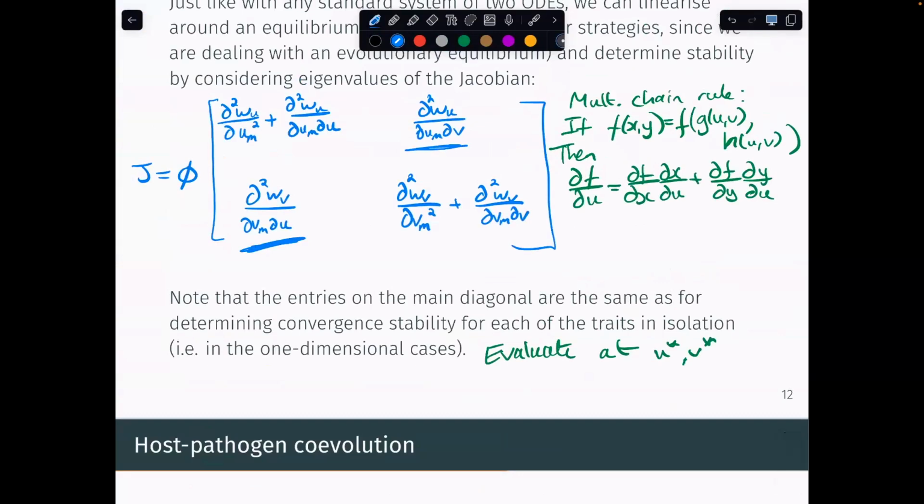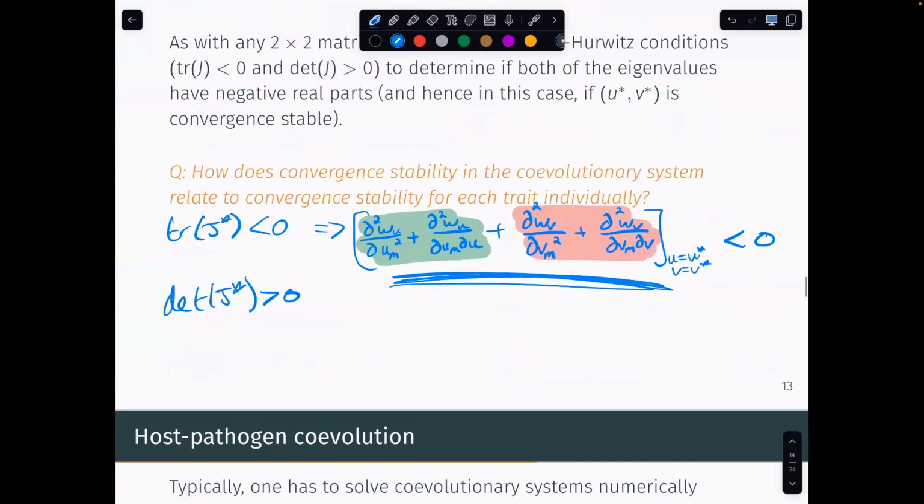So this tells us that convergent stability in one dimension is neither necessary nor sufficient to give us convergent stability in two dimensions. The only thing we can conclude is that at least one of these has to be convergent stable when it's viewed by itself. So even if our trace is negative, our determinant may also be negative.